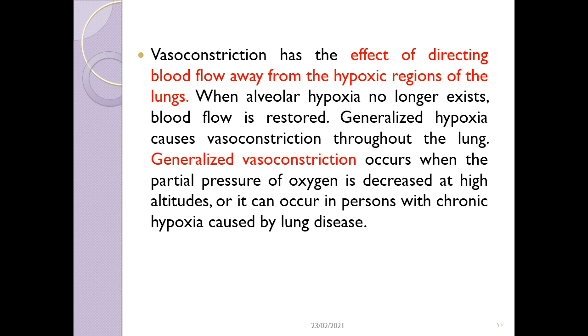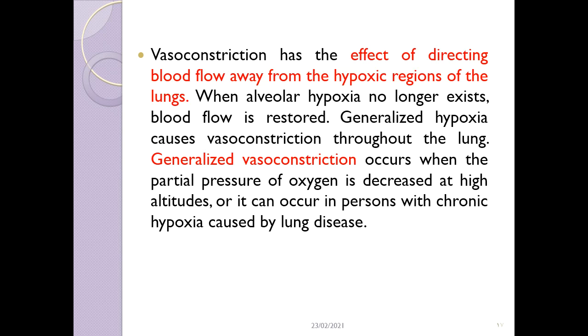What is the importance of this vasoconstriction? When the oxygen level in a specific area of the lung decreases, the response of blood vessels in this specific area of the lung will be a severe vasoconstriction.